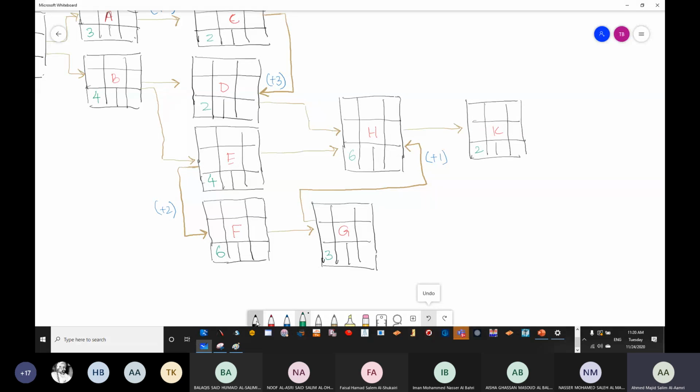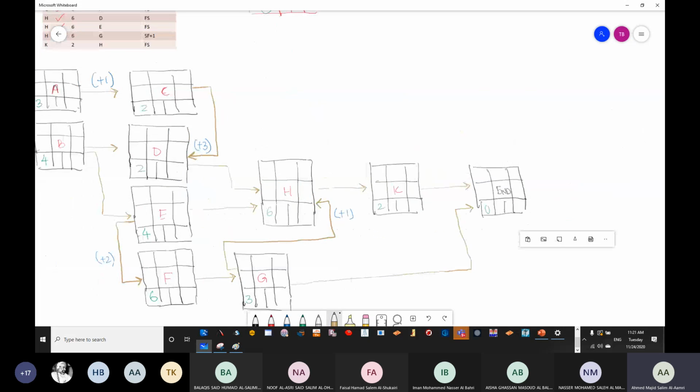We need to have n, and then the duration is 0. The relationship: we need to finish A to start n, and then we need to finish G to start n. Doing that, we have done the drawing of the BD.